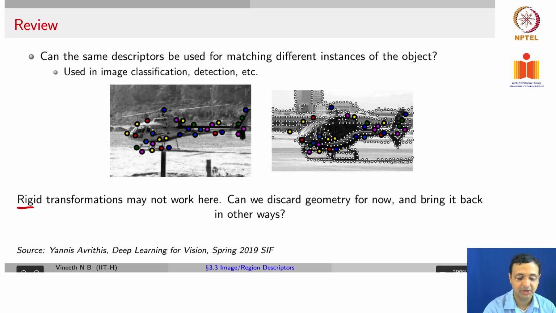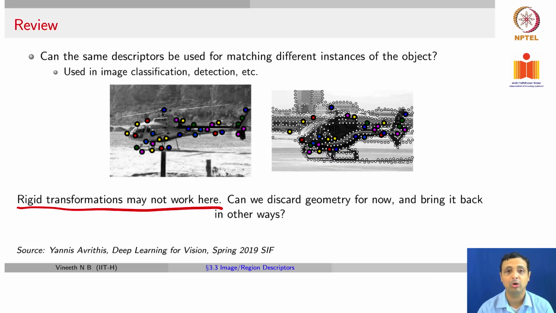The main observation here is that rigid transformations may not work here. So far, if you only wanted to match two different objects or scenes taken from different perspectives, you could consider one to be a rigid transformation of the other. You could try to estimate your affine parameters, your rotation parameters, or your translation parameters.